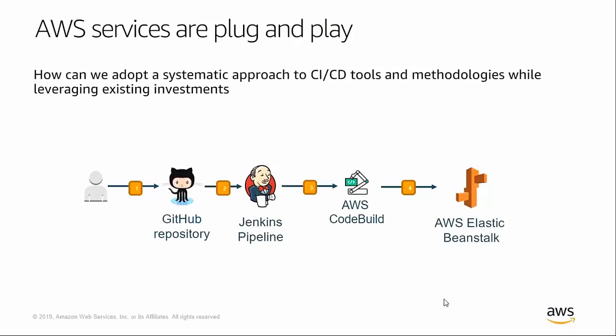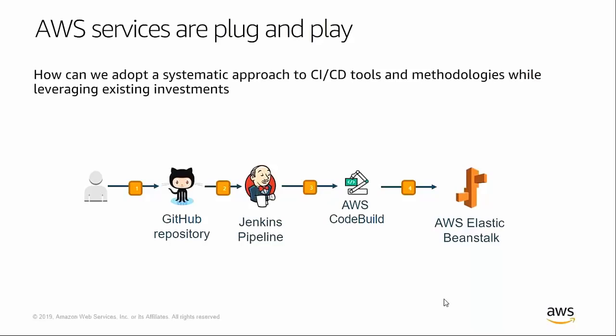So one of the benefits of AWS is really that the services themselves are building blocks and are plug and play, which allows us to take a systematic approach to CI/CD tools and methodologies, and allows you to leverage your existing investments today.